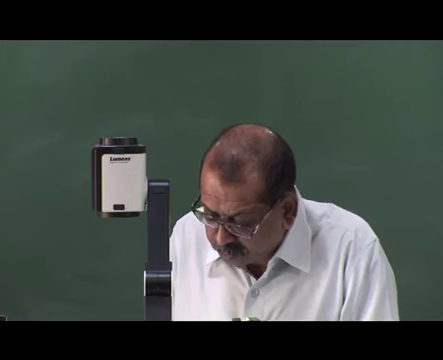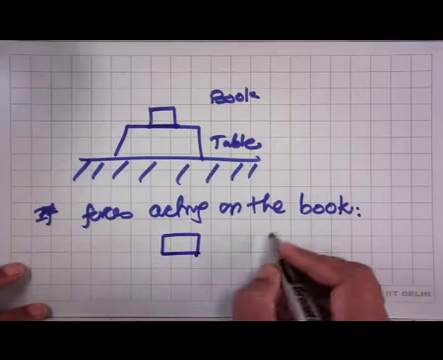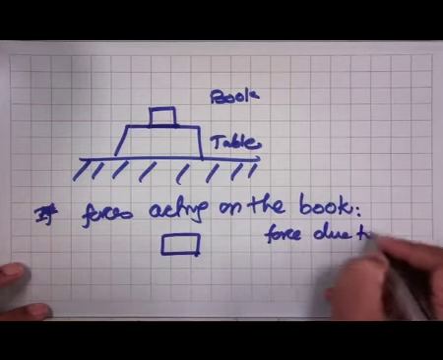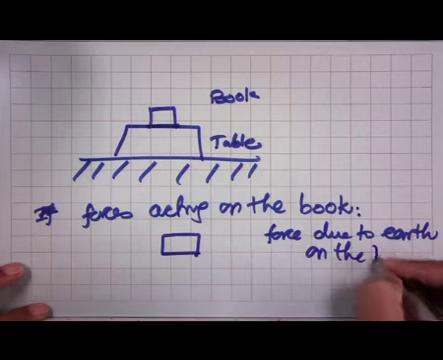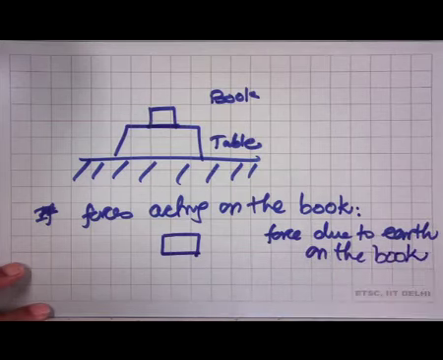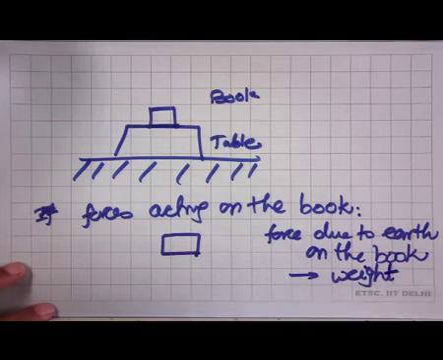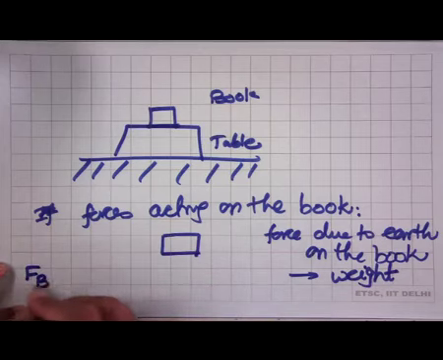But if I look at the forces acting on the book, then clearly there is a force due to earth on the book, and this is what we refer to as the weight, as we will see, and let us call this FBE.